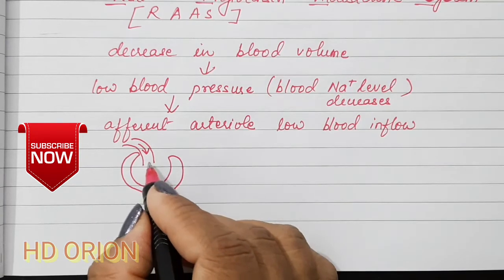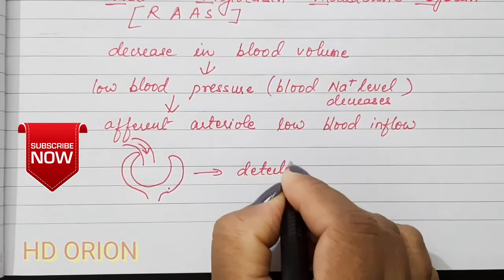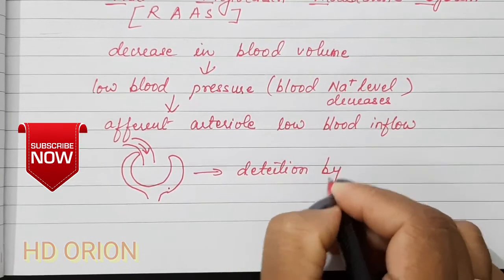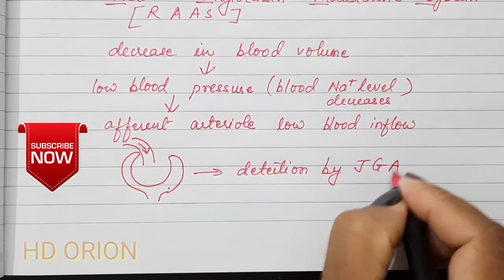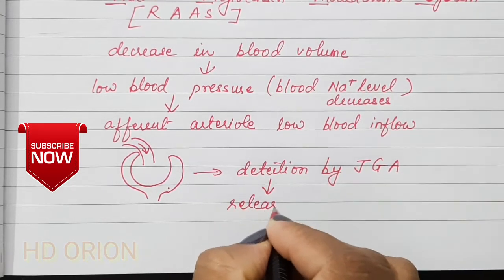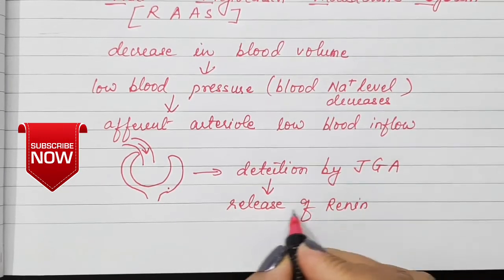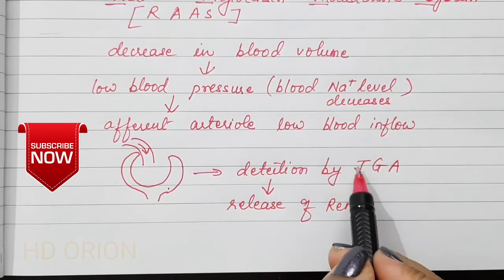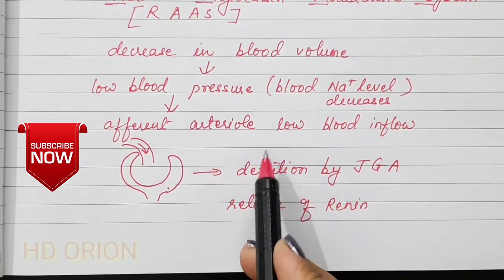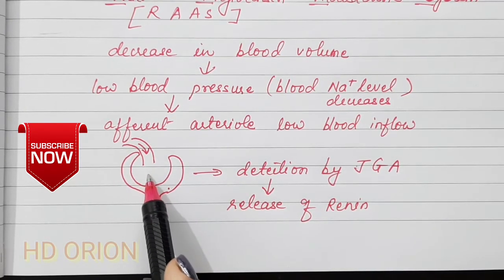As soon as this is detected by the JGA, a release of hormone takes place. This hormone is renin. The hormone is released only when the JGA detects that the blood coming through the afferent arteriole into the Bowman's capsule has low blood pressure.